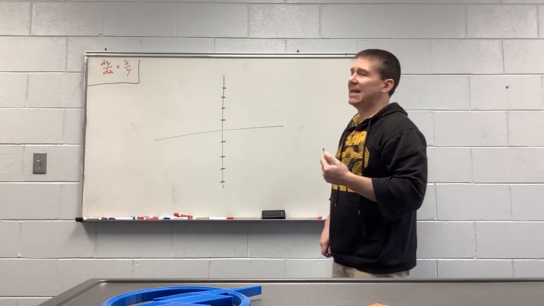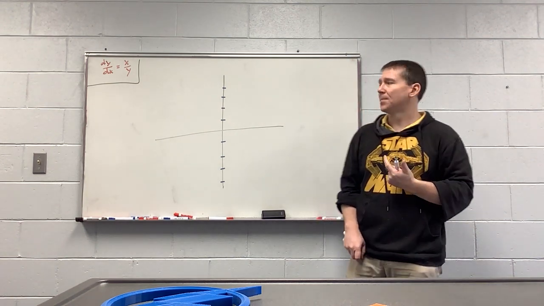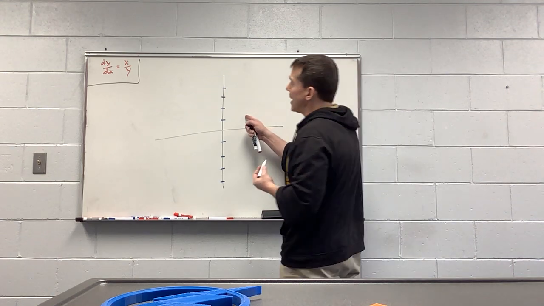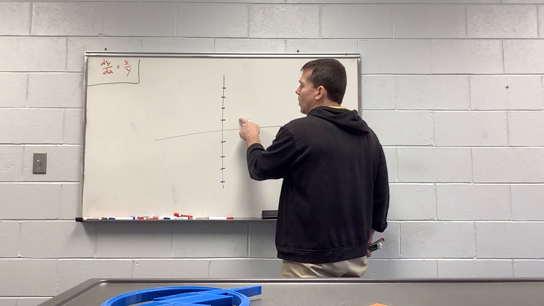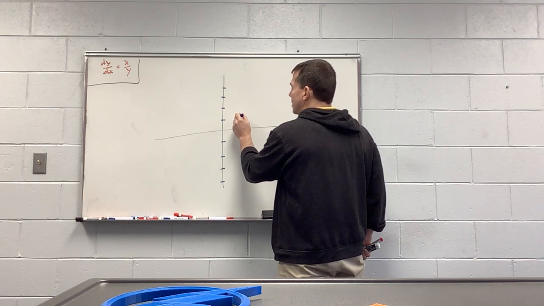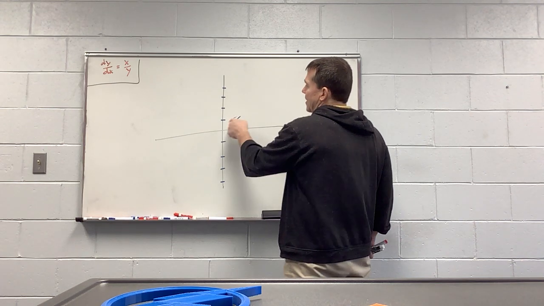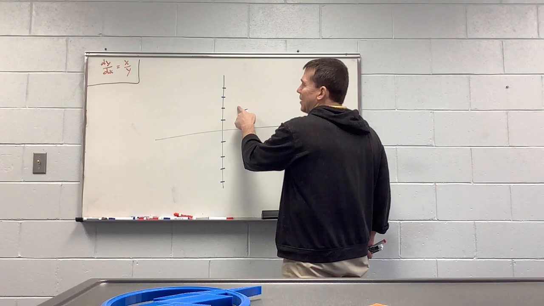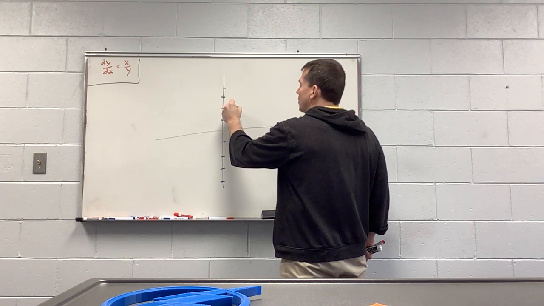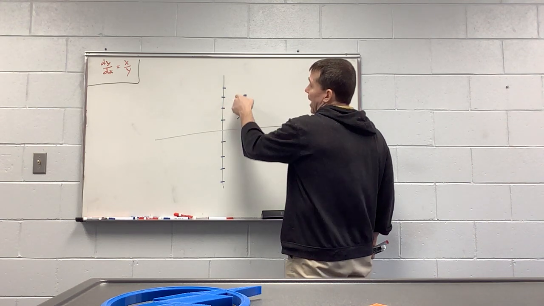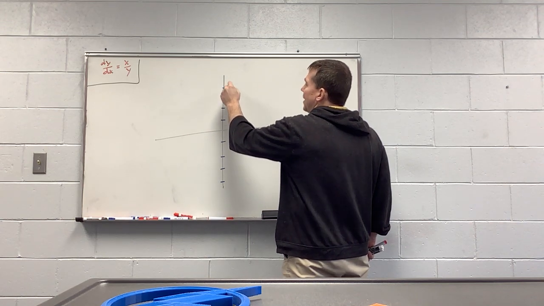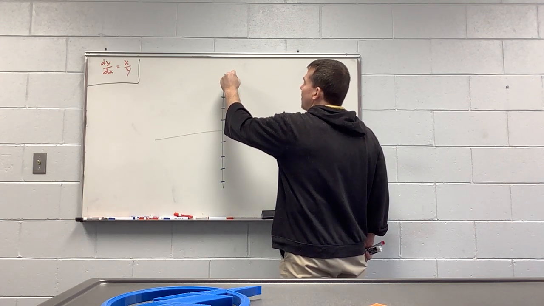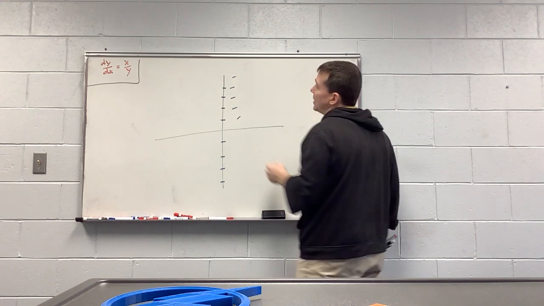Now I just have to plug in individual points. At 1, 1, I get 1 over 1, which is 1. At the point 1, 2, I get 1 over 2, which is a half, which is flatter. At 1, 3, I get 1 over 3, which is a third, which is flatter. And clearly, the further up I go, the flatter these will get.